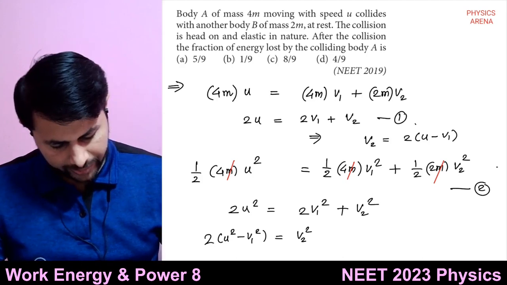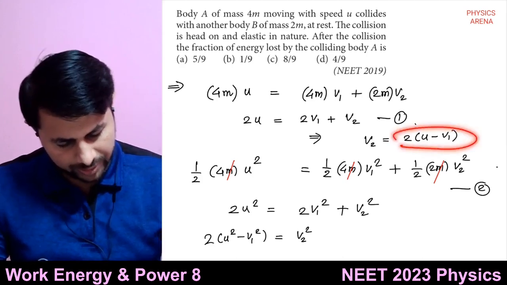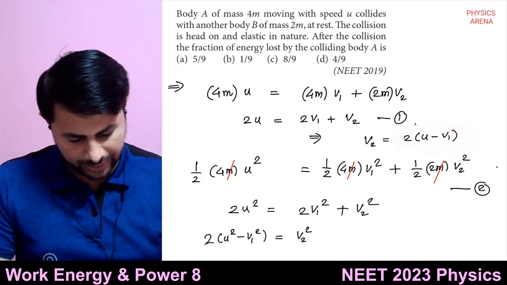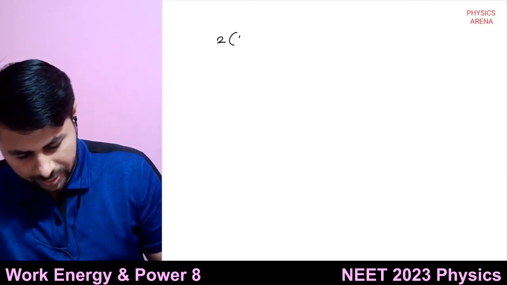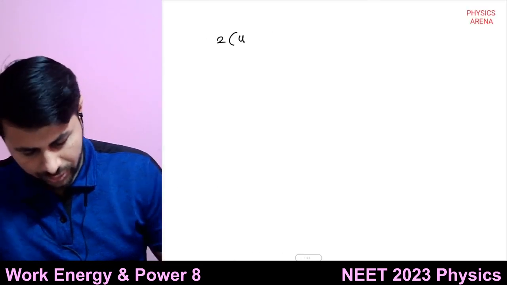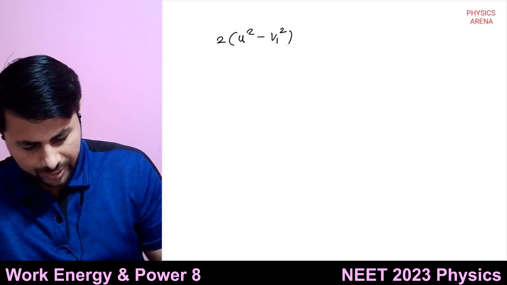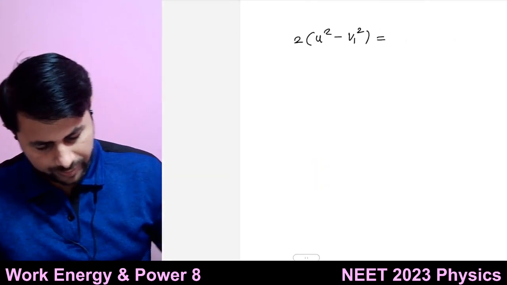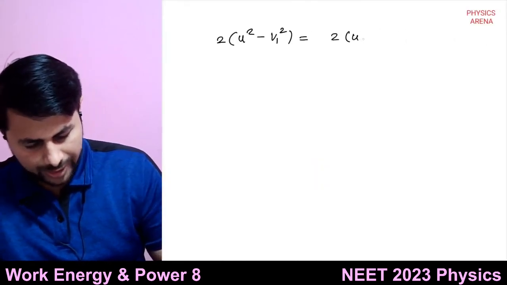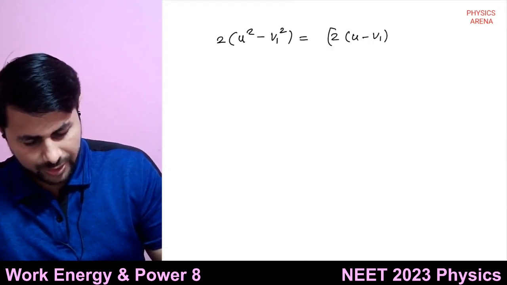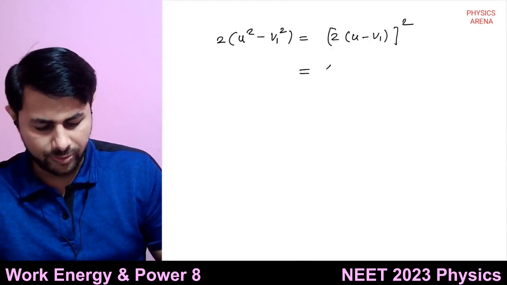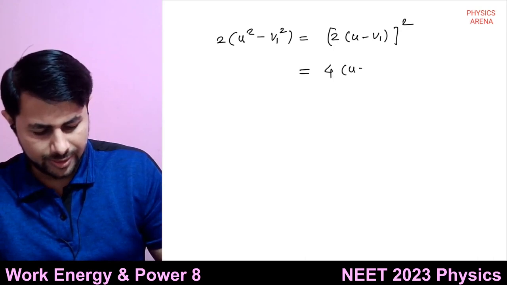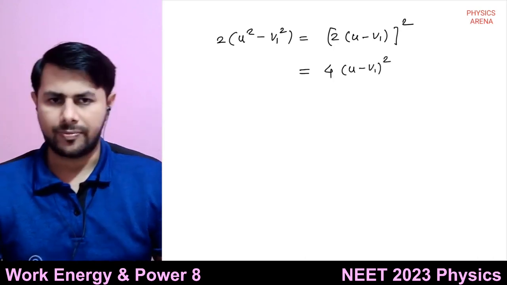Okay, so v2 is what? 2 times u minus v1. So we have 2 times u square minus v1 square, and it is equal to the square of this, which will be 4 times u minus v1 square.